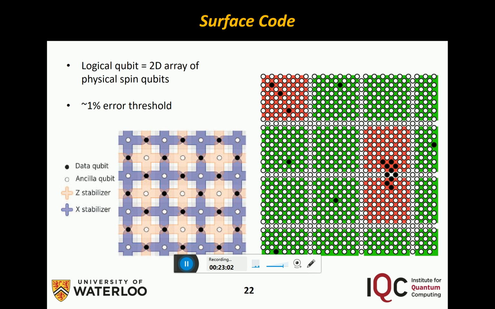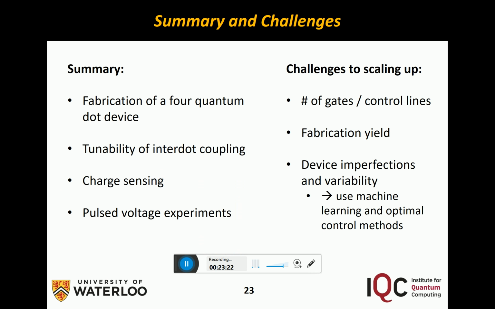So this scheme has already shown some promising results in superconducting qubits, and studies have shown that at about a 1% error threshold on your physical qubits, you can already achieve fault tolerance. So it's a very promising technique, and we want to get to this point.